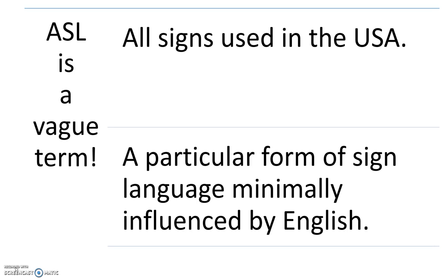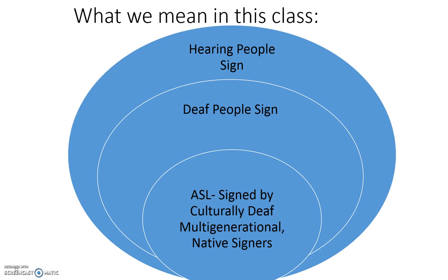So you have to be careful between the lay use, the common use of the term American Sign Language to just mean any group of signs used in the US and in these other areas, from the linguistic use of the term American Sign Language, which is a particular form of the sign language that is found in the United States, but it's minimally influenced by English.